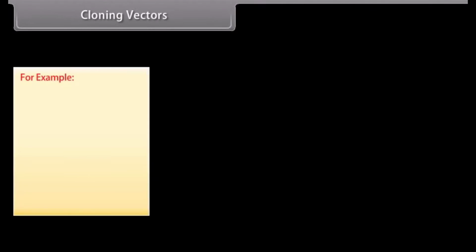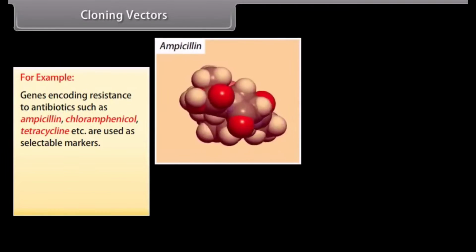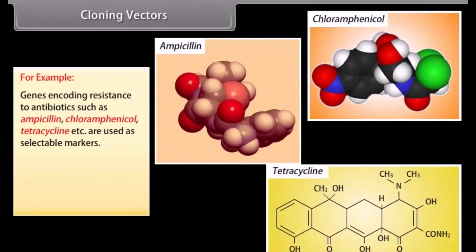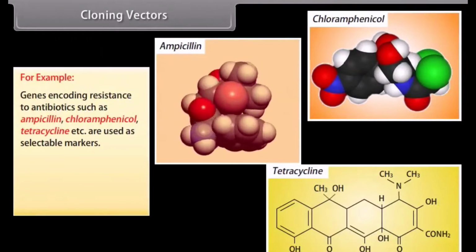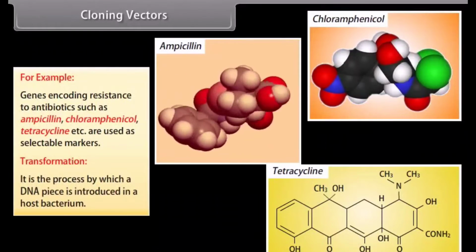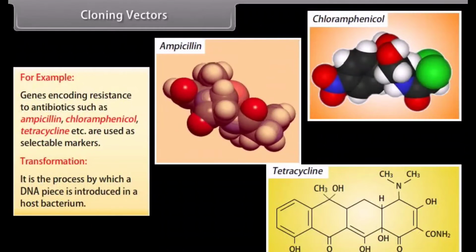For example, genes encoding resistance to antibiotics such as ampicillin, chloramphenicol, tetracycline, etc. are used as selectable markers. Transformation is a process by which a DNA piece is introduced into a host bacterium.